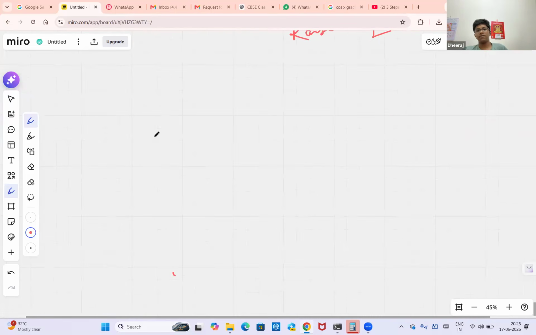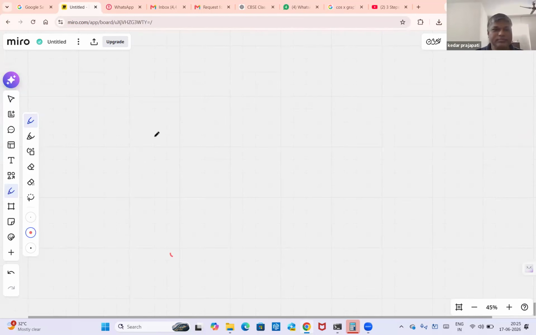Okay. Now we will go for tan inverse x. Tan inverse x, I'll just tell you how the graph will look.